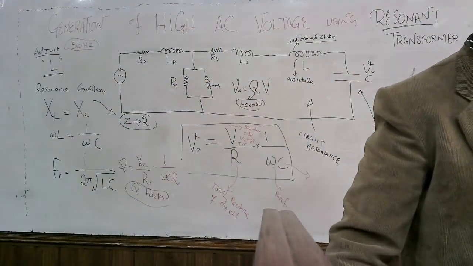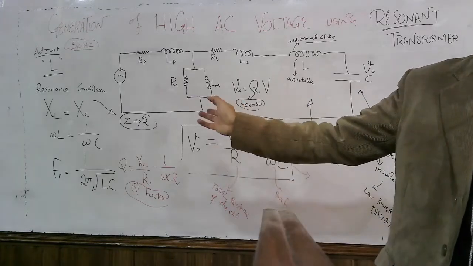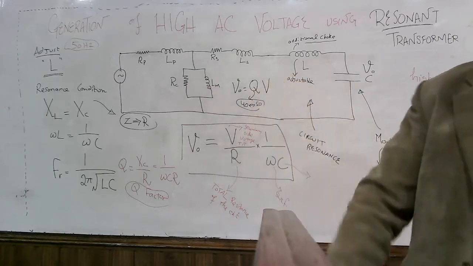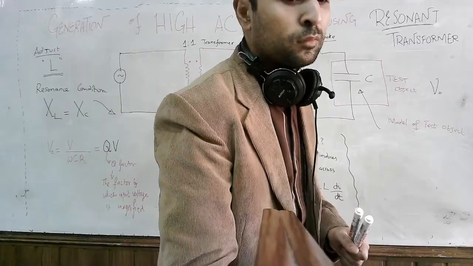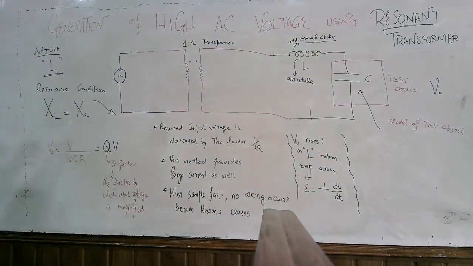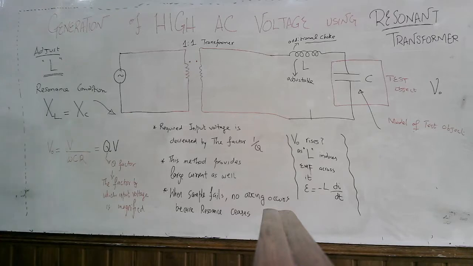Let me make another, more practical diagram. This diagram is a more theoretical diagram to elaborate the concept of the resonance circuit. The practical circuit will be like this. So here we go, the complete practical circuit of high voltage generation using the resonance transformer.